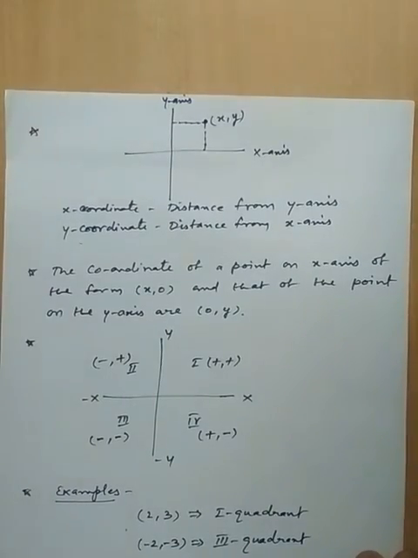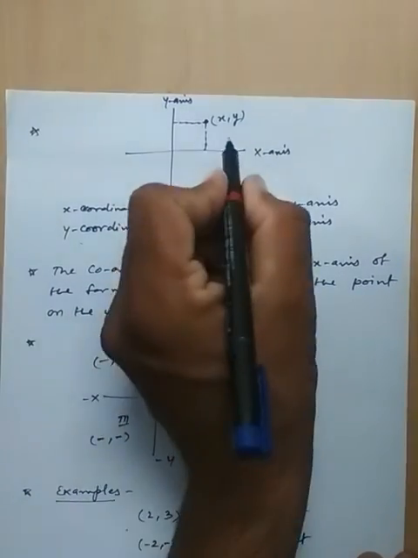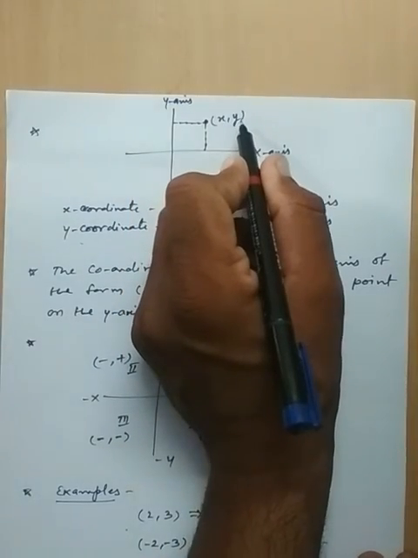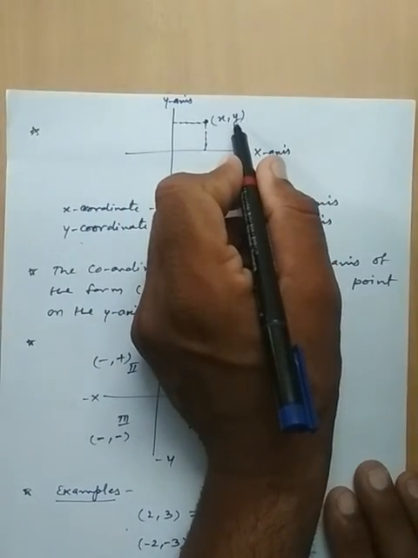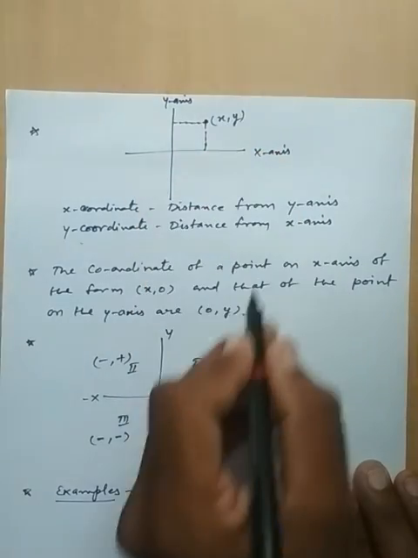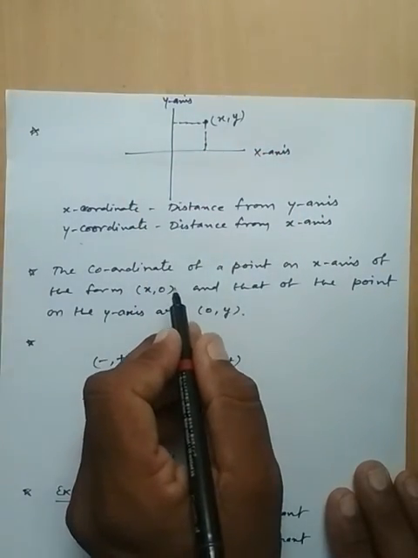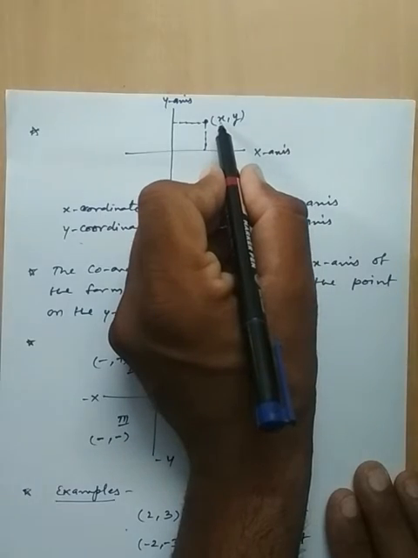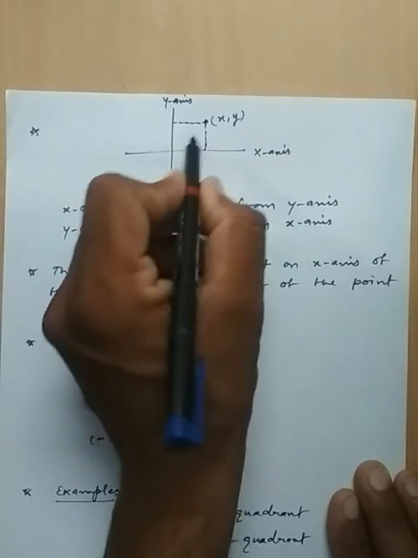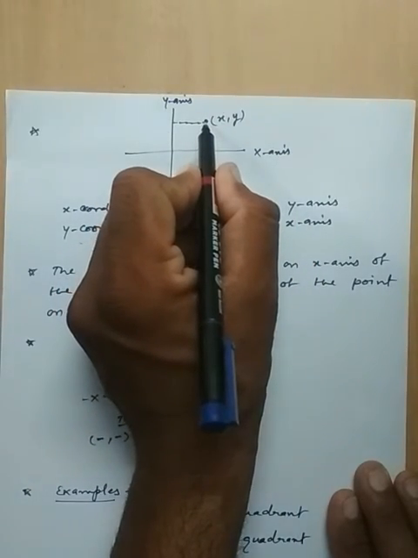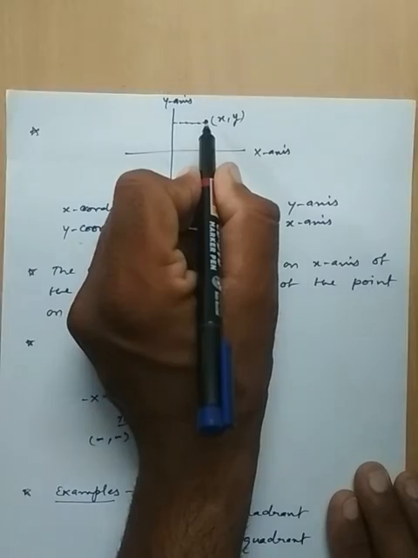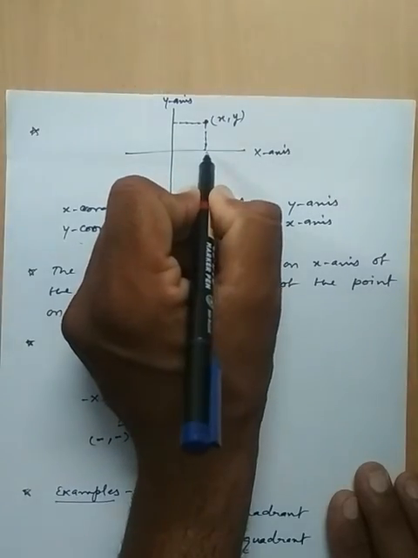For finding the position of any point, here this is the point, whose coordinate is (x, y). And x, y are in an ordered pair, and we can find it with the perpendicular distances. What is x? X is the x coordinate, and it can be derived from the perpendicular distance from the point to the y-axis, and the y coordinate is the perpendicular distance from the x-axis.